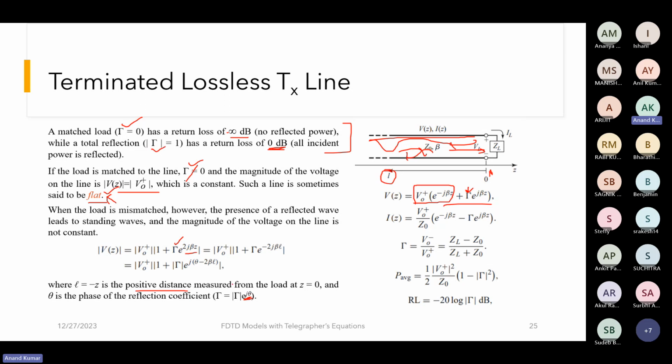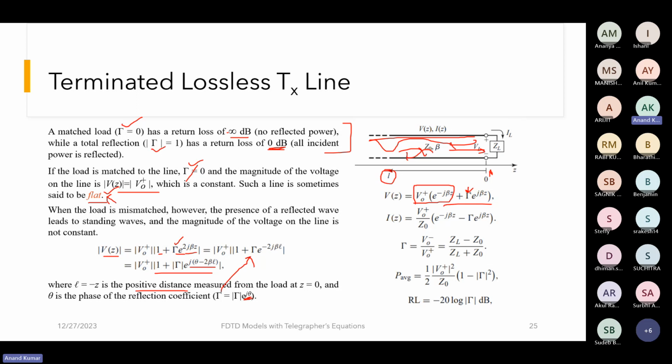Substituting this over here, we get this expression. So you have to focus on this term. Maybe I'll just start this again. We have the voltage expression over here. We have put the magnitude of 1 plus gamma and the phase term for the voltage.